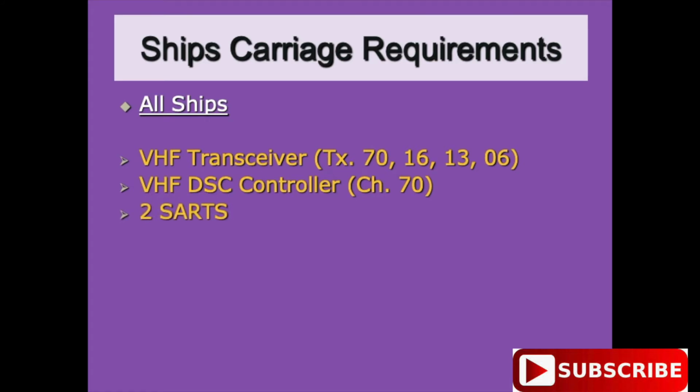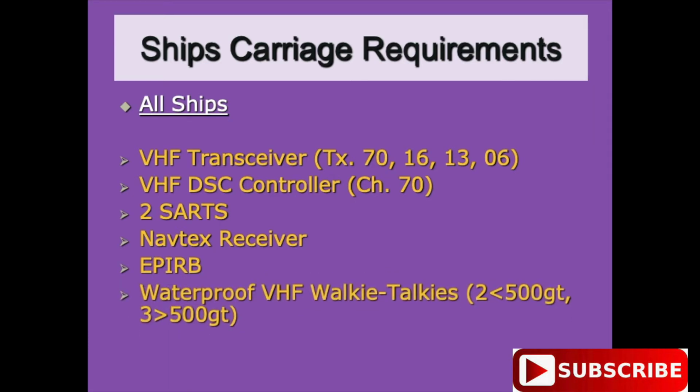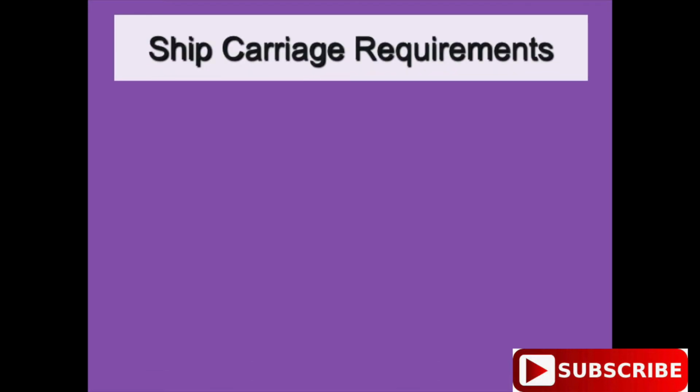This is a mandatory requirement for all ships. Also a Navtex receiver, EPIRB, and waterproof VHF walkie-talkies: 2 if less than 500 gross tonnage, and 3 if more than 500 gross tonnage.